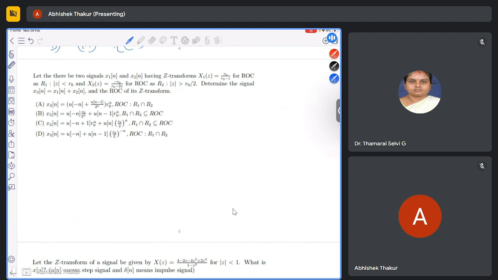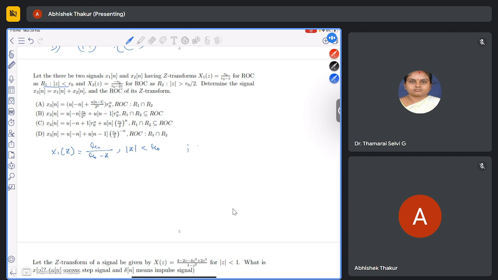The next question is: let there be two signals x1[n] and x2[n] having Z transforms X1(z) given as r naught by r naught minus z, and the region of convergence is mod of z is less than r naught.